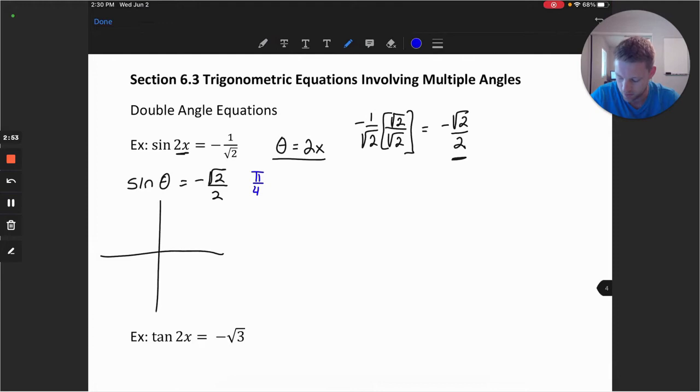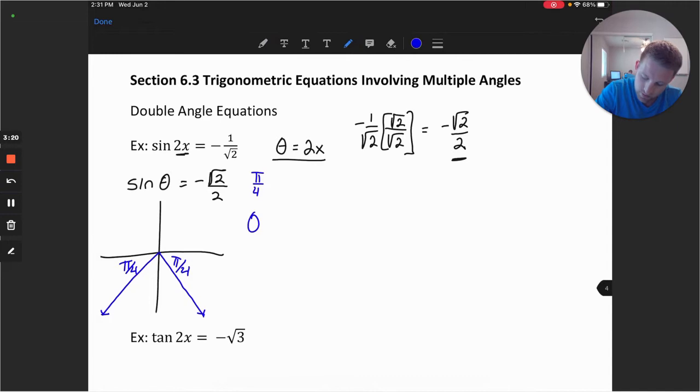And so we can consider the angles that give us a reference angle of pi over 4 in both the third and the fourth quadrant. Now let's consider what these angles are, and then we'll try to list out a few solutions here for theta specifically.